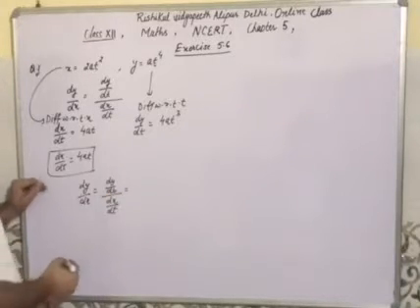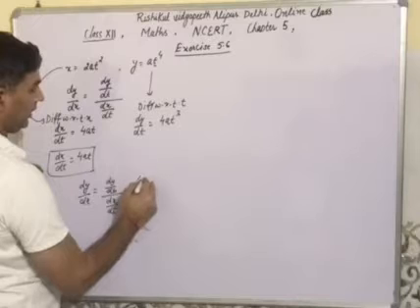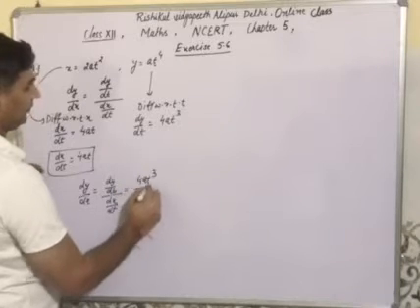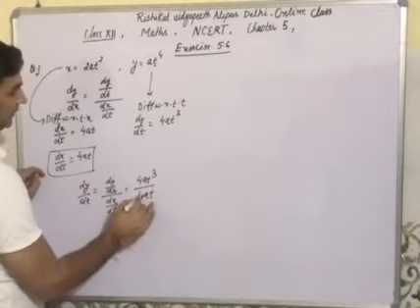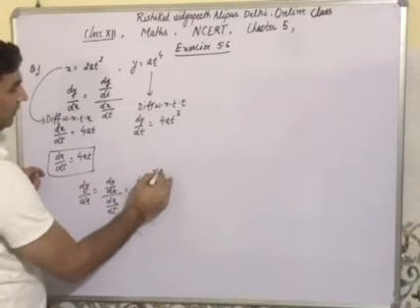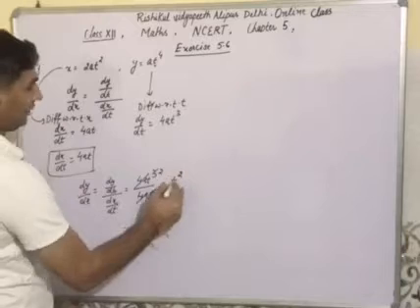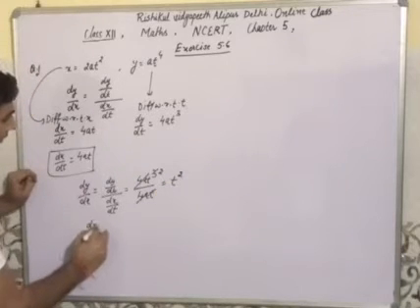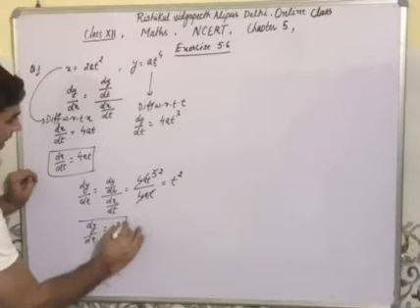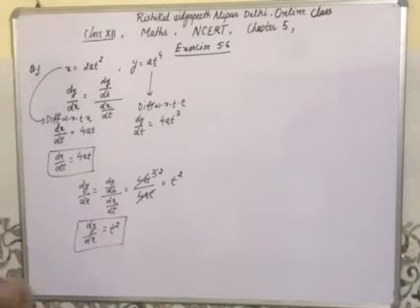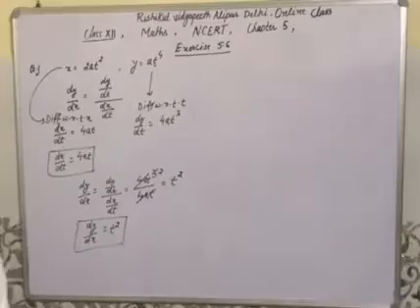Putting the values, 4at cubed upon 4at cancels out to t squared. So dy by dx is equal to t squared.